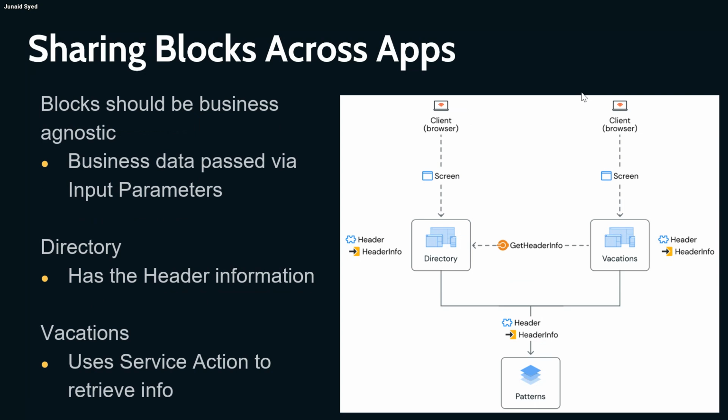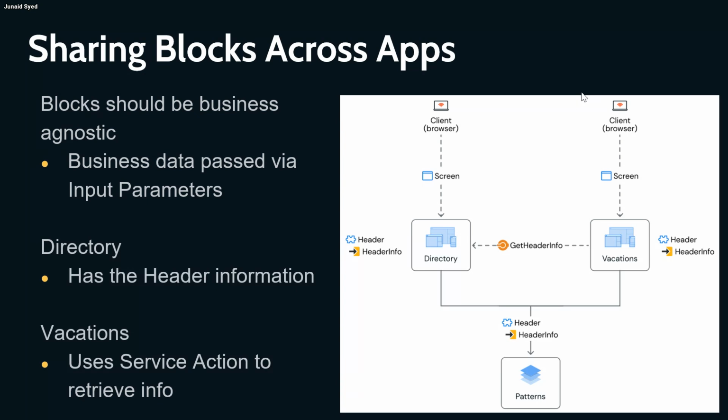When the directory application needs the header, it can pull it from its own database. Whereas vacations, when it wants to reuse the header block, still needs the header information, so it will reach out to the directory application to get that information.